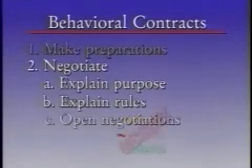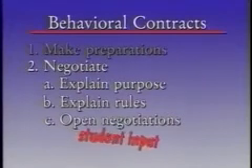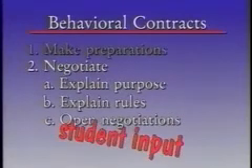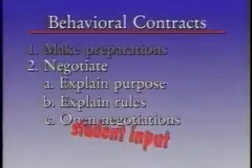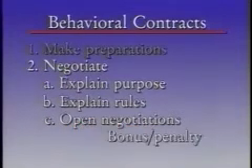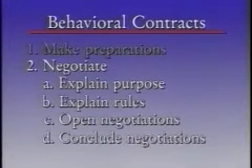Now, open negotiations. Share your ideas. Be sure to ask the student for his input. If necessary, select bonus and penalty clauses. Finally, conclude negotiations and remind the student that the contract is open to renegotiation at any time.